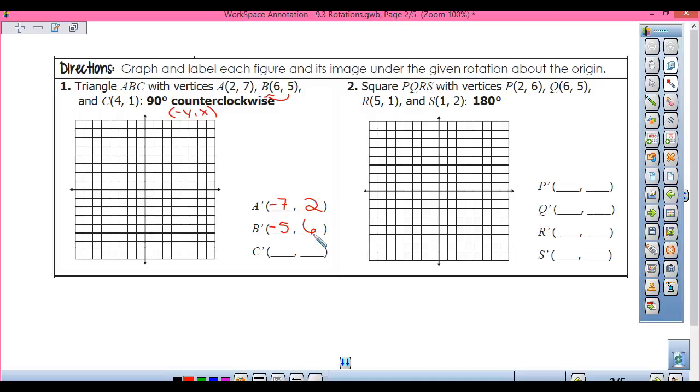And C prime is going to be what? Negative 1, cool.